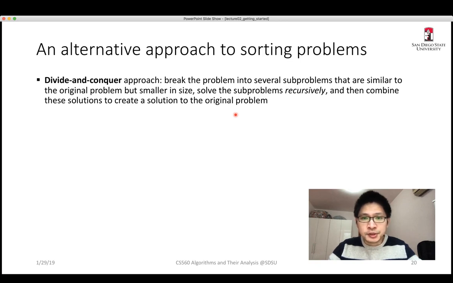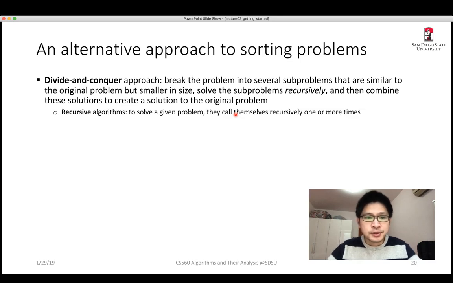Then we solve the subproblems recursively, and finally combine those results to create a solution to the original problem. This approach involves 3 steps.